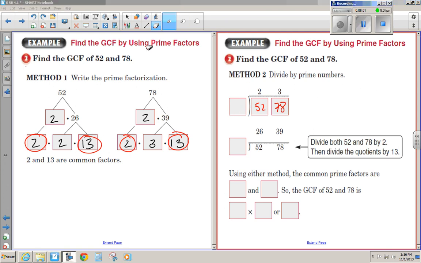I think the way this is set up is kind of messed up, but you're going to divide by 2 here. And 52 divided by 2 is 26. 78 divided by 2 is 39. Then you're going to divide both by 13 maybe.